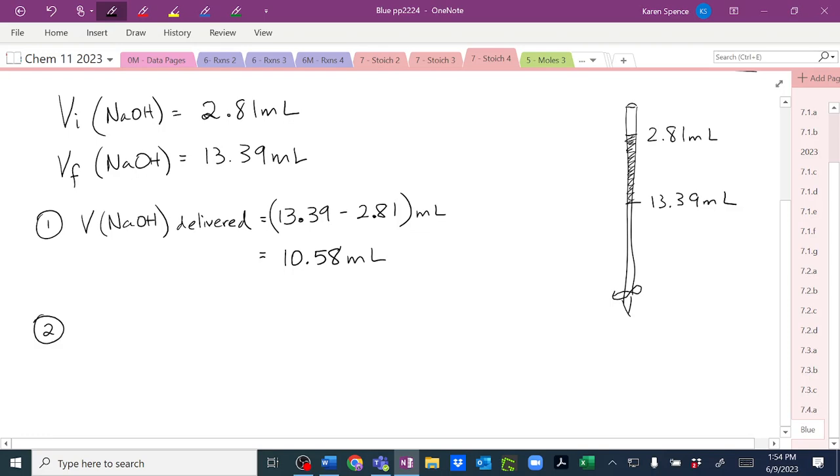Question number 2, we are asked to find the moles of H2C2O4. Now we know the volume of H2C2O4 because that was what we measured out in our pipette, right? We had our 10 milliliter pipette. It's really hard to draw volumetric pipettes.